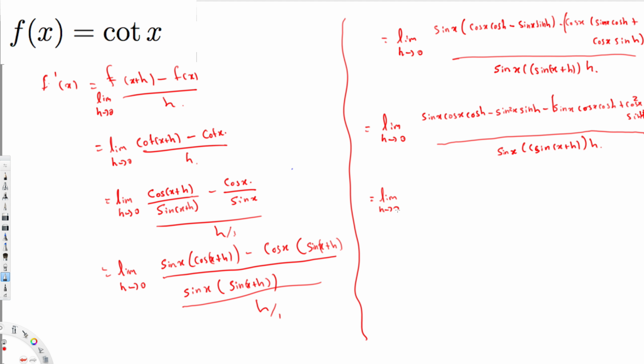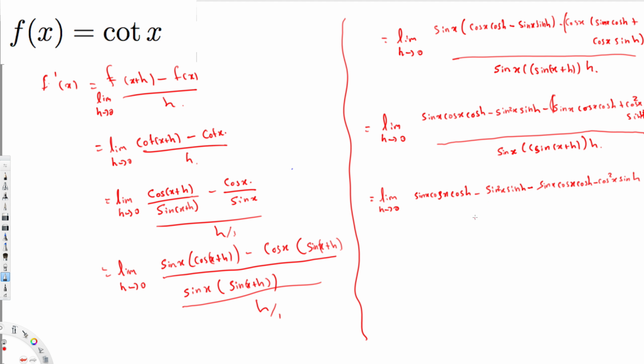Limit h approaches 0 of sin x cos x cos h minus sin square x sin h minus, and I'm multiplying the minus through both because it is a common bracket, so we should be careful about that, sin x cos x cos h, then minus cos square x sin h.